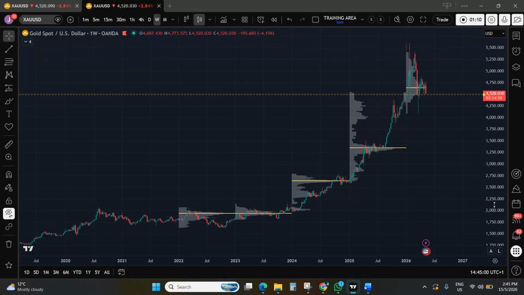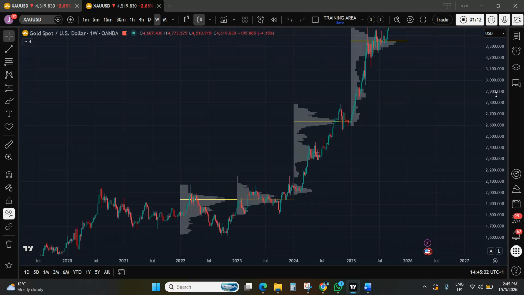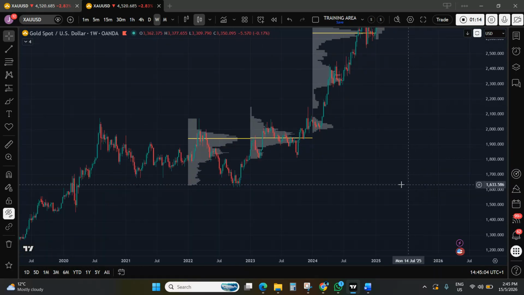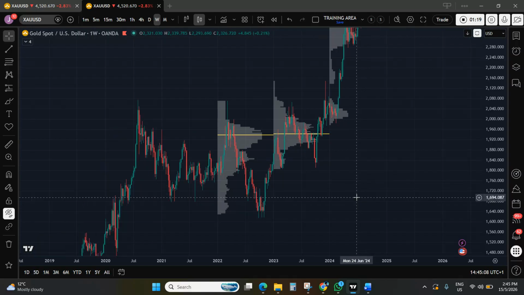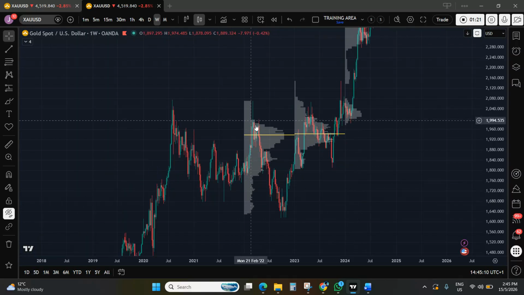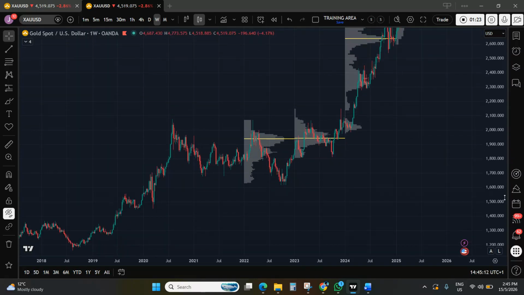Okay, so here if you see the very first volume profile, the shape of this volume profile almost looks like a P, right? So here for me it looks like P. Basically, if you know about volume profile, each shape denotes a meaning, right?